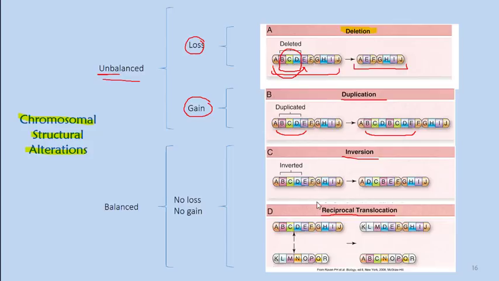So let's show you one here so that makes a little bit more sense. With inversion, you can see B and D in this case are considered broken. So B breaks, D breaks. Then when they break off, they end up reinserting themselves, but in the opposite order.